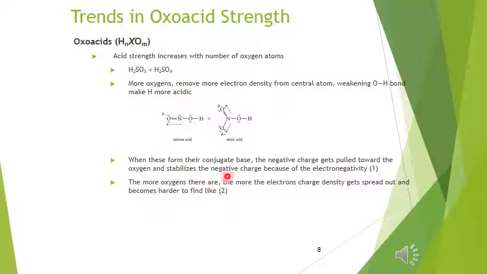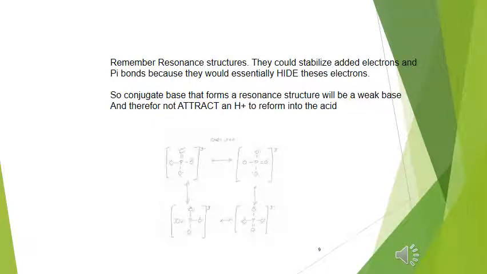And the more oxygen you get in, the more the electrons get stuck in there. If you have an H plus out here after you knock this off, it's harder for that H plus to go and find that electron. So reducing the charge density on the conjugate base is a big deal.